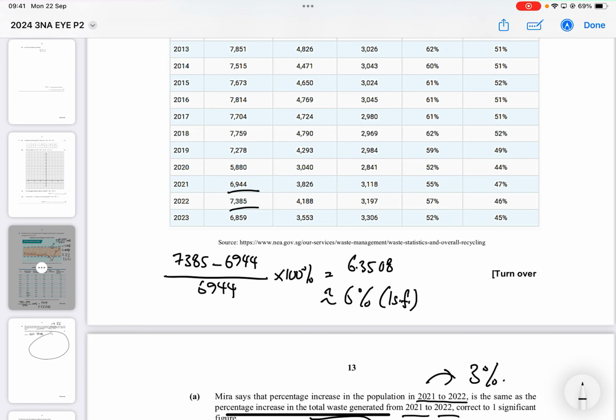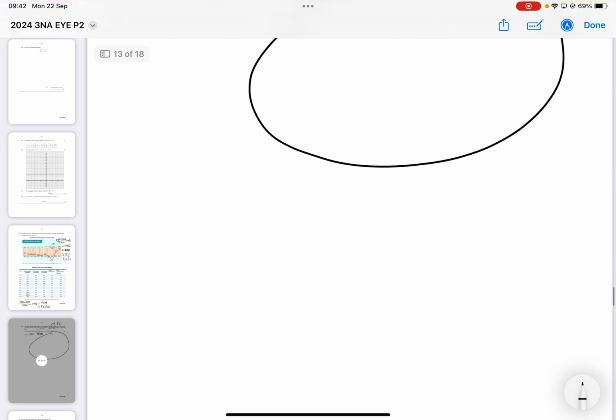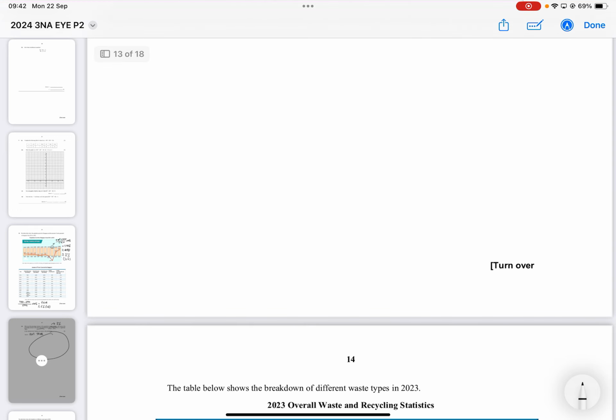So these two parts of the answer, you all have to do it here, then finally the conclusion: not true. Okay? So if you understand what the question is asking, you will know where to look for your data. So it always starts with reading and understanding the question. Okay?